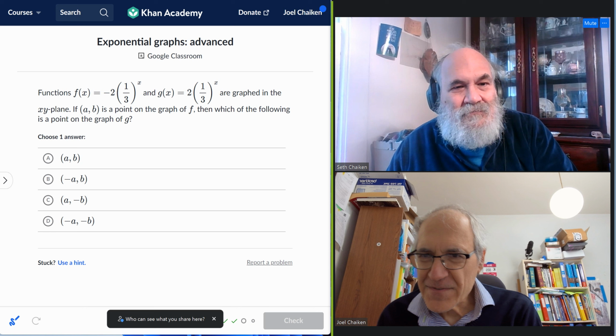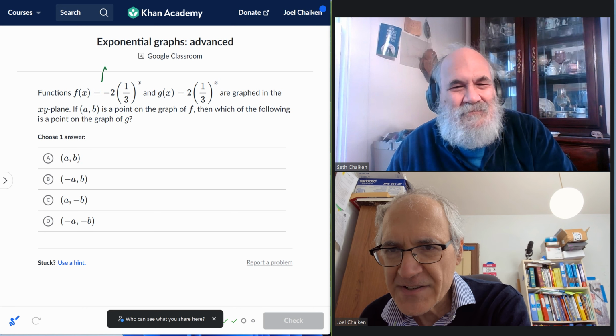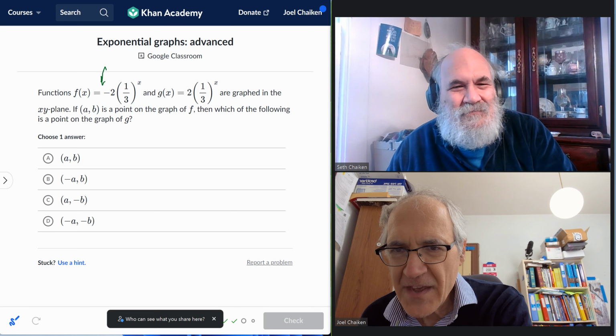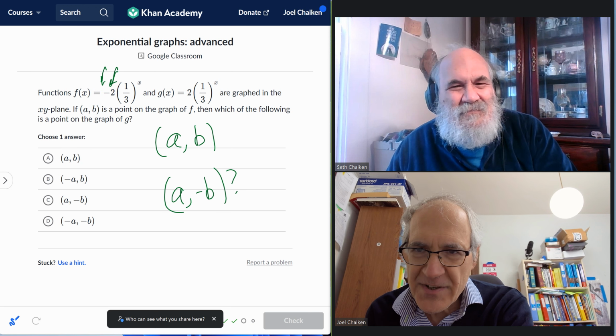If AB is a point on F, then which of the following? But there's a negative sign here, so isn't it A, negative B? Because the output is negated between the two.